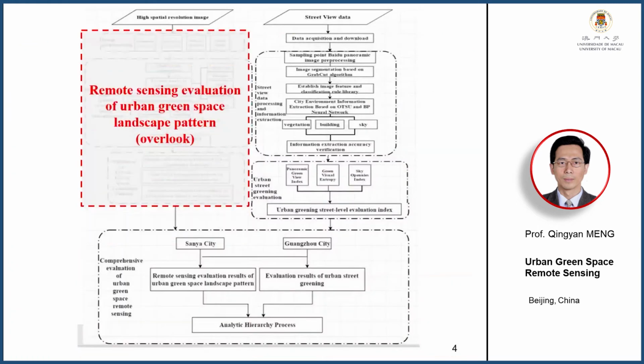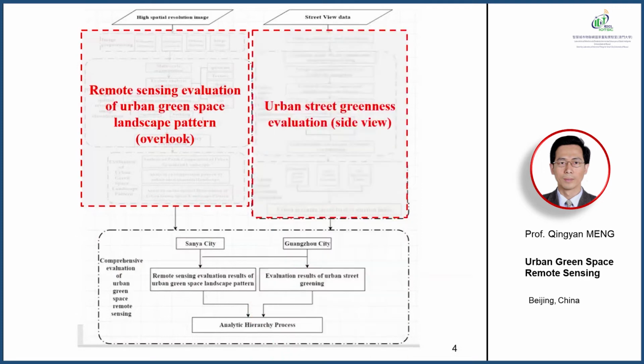First, from the overlook from space, we use the remote sensing satellite data to evaluate the urban green space landscape pattern.